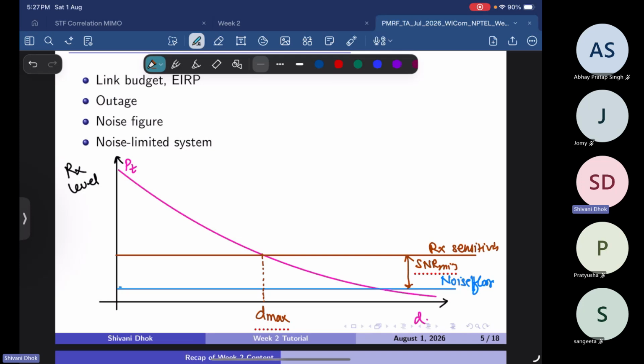For example, if we have the signal component here, then this entire thing is your SNR, and this is what we consider as a metric to evaluate this. Here only noise is present or the noise is dominating, so the system's performance is limited by the noise. Therefore these systems are known as noise limited systems.